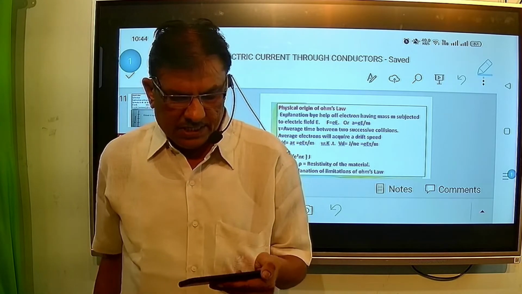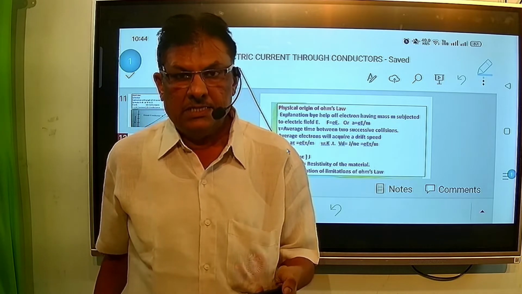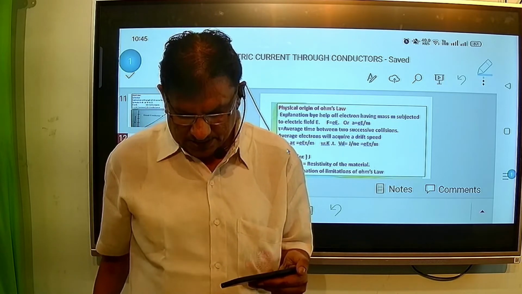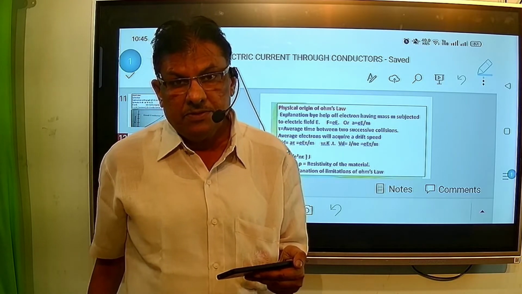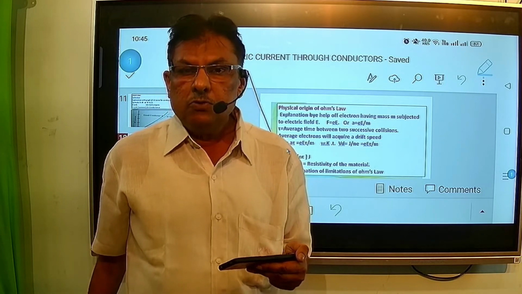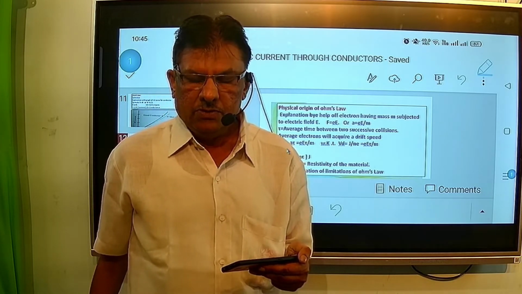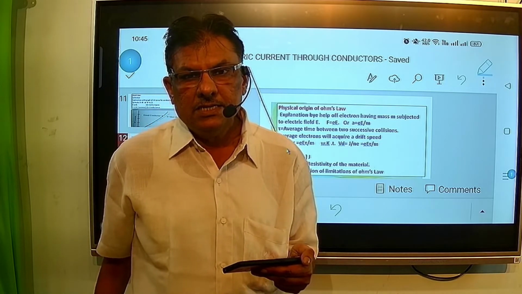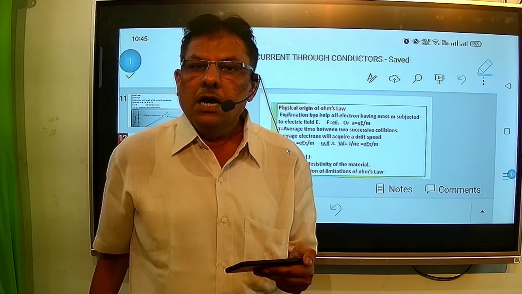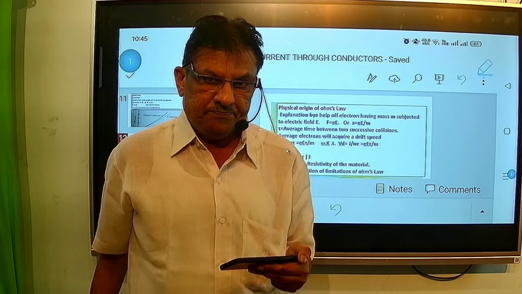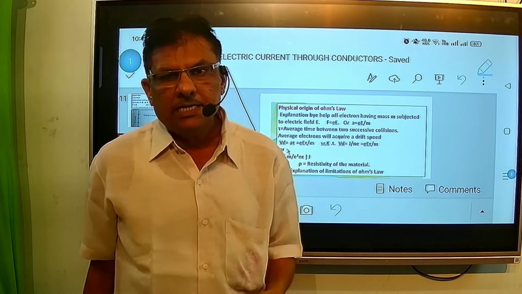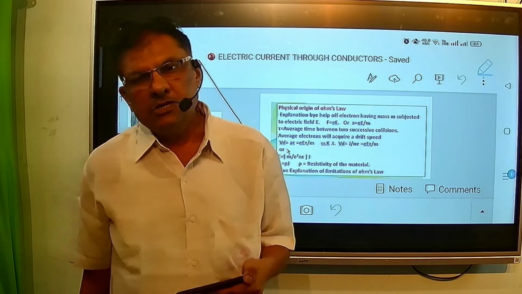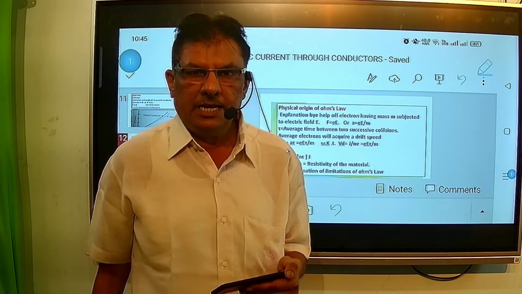Now when we say it is loosely bound to the nucleus, what is going to happen? These loosely bound electrons, due to thermal energy, get detached from the atom. When they get detached from the atom, these electrons are said to be free electrons.